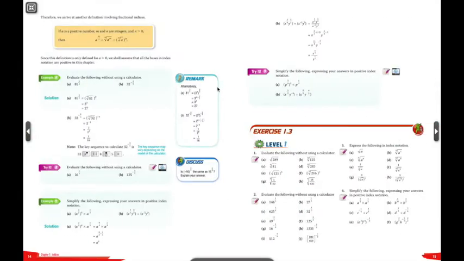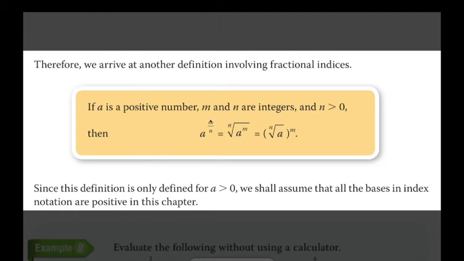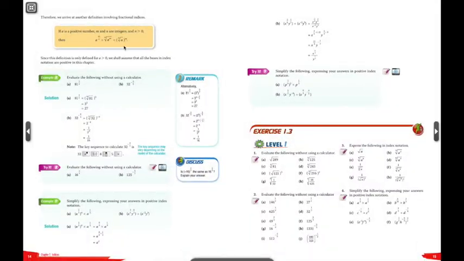The other case is where it gets slightly complicated. You have numerator m and denominator n, where both are integers. Let me give an example.